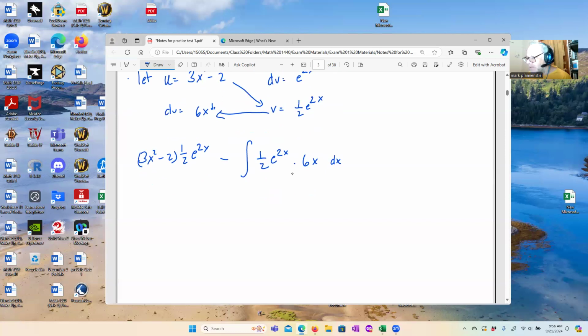Let's clean this up a little bit. I'm going to say this is 1/2 (3x squared minus 2) e to the 2x minus, can I say that 6 over 2 is 3, the integral of x e to the 2x dx?